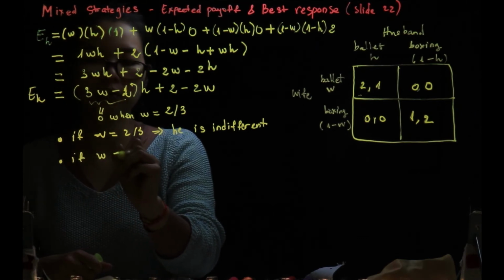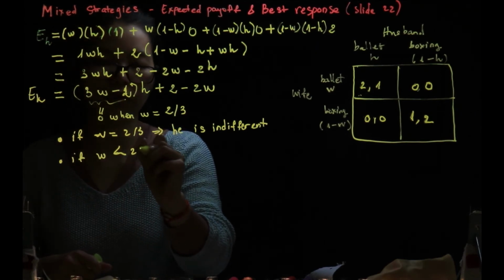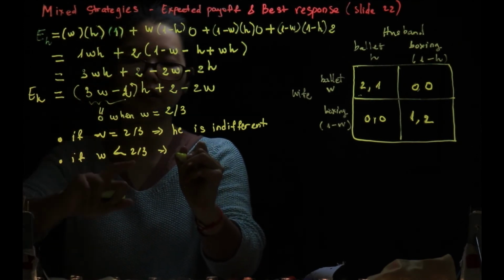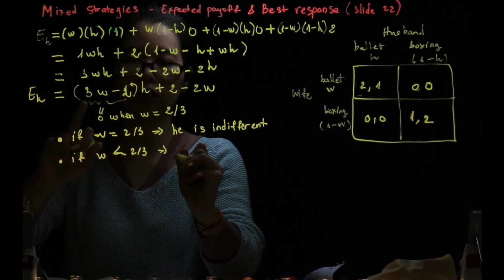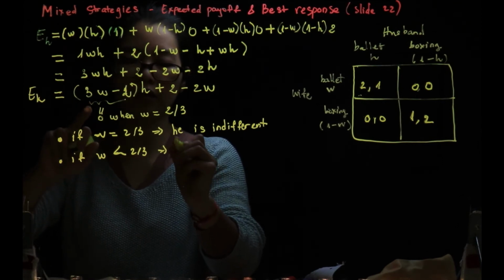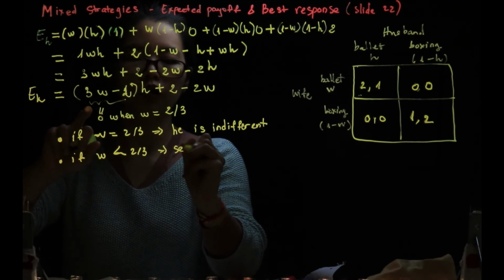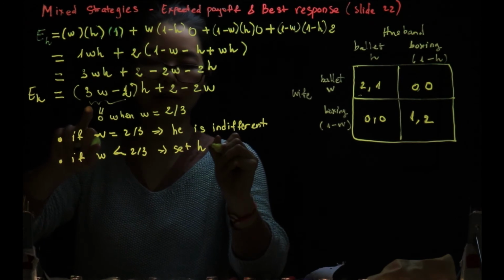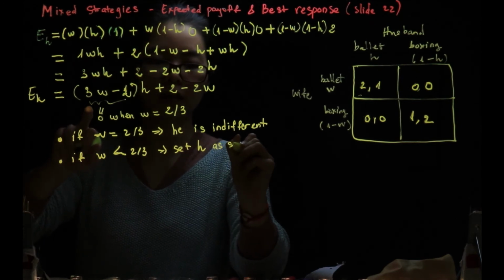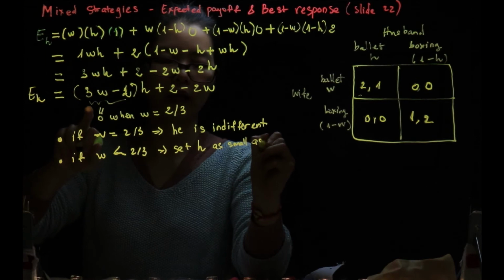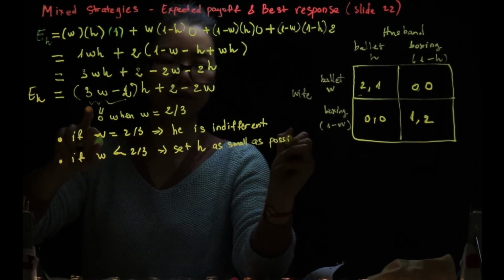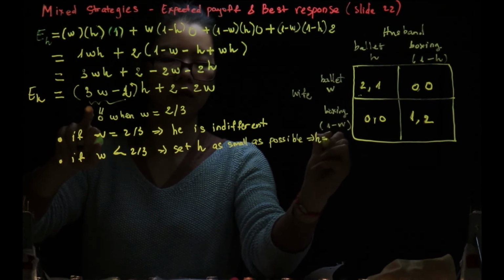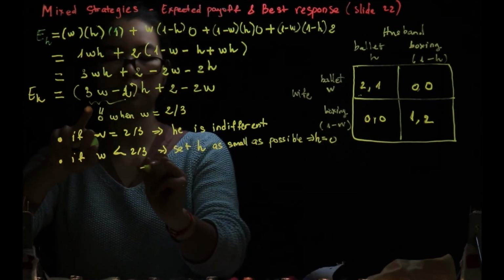If W is now smaller than 2/3, the same reasoning applies, because the term inside will be negative. So he should set his probability of going for ballot as small as possible, which is 0, right?